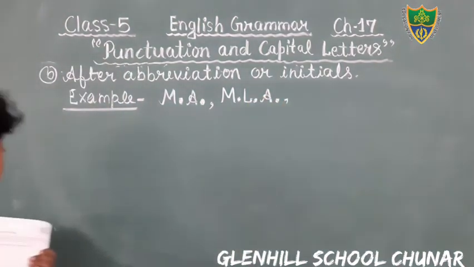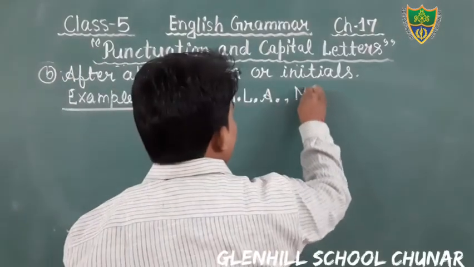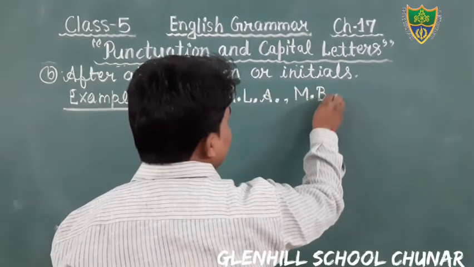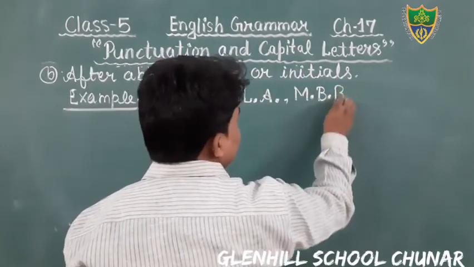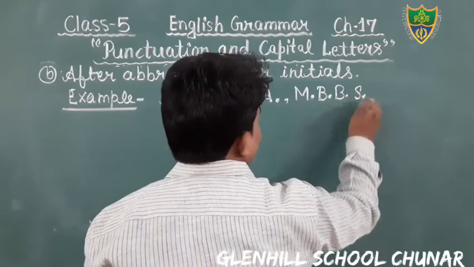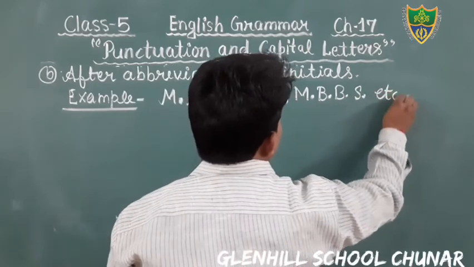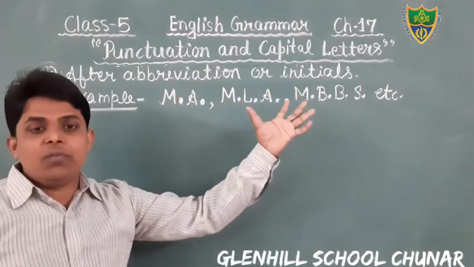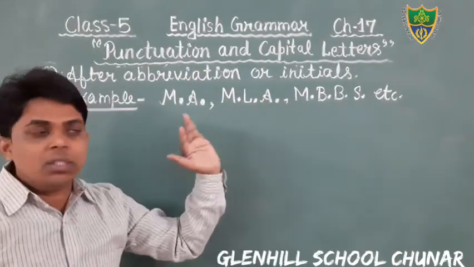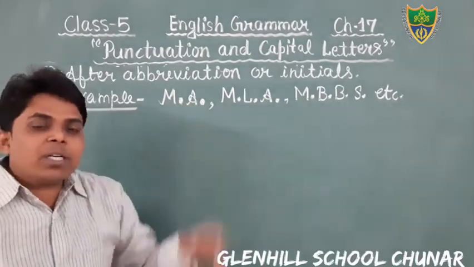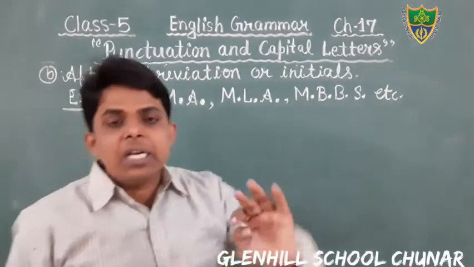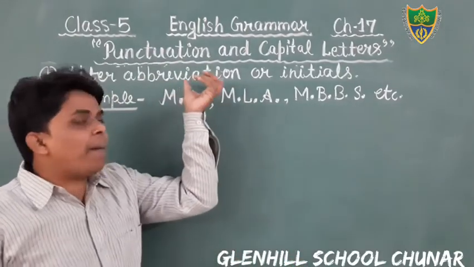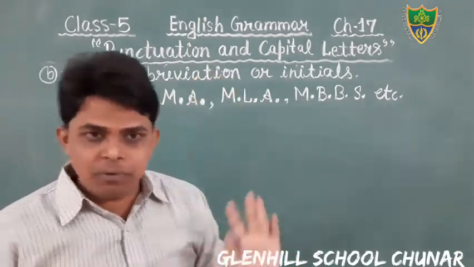One more example, MBBS: after M a full stop, then B, B, S, etc. In this way, when we write the short form of any phrase, we use a full stop. But one thing I want to tell you is that in modern English the use of full stops for abbreviation has been removed.